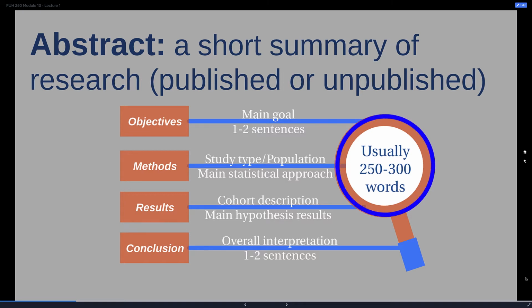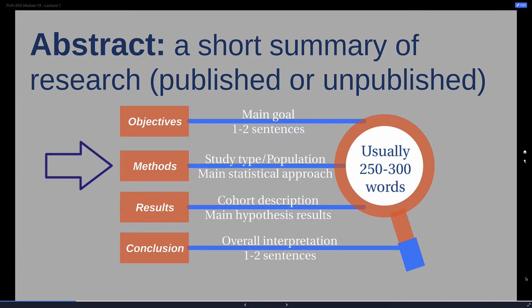Abstracts are usually restricted to 250 to 300 words, and there will be generally no figures or tables used in an abstract. The objectives, you list your main goal, and it's 1 to 2 sentences long. It should give the reader an overall impression of what the point of the full paper would be.